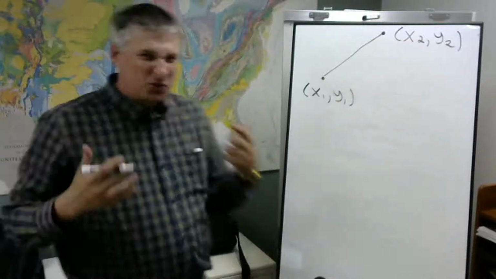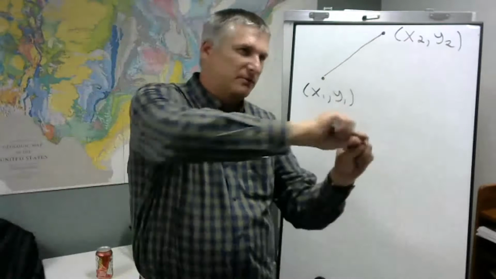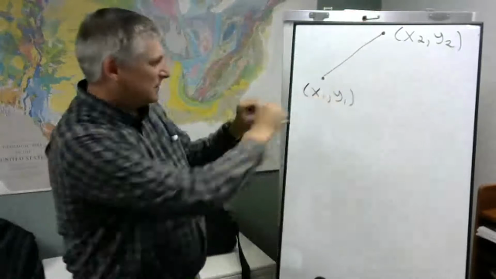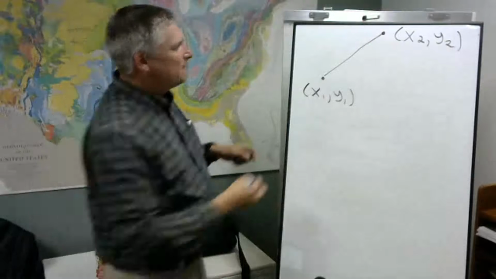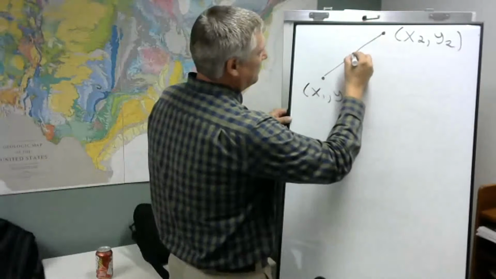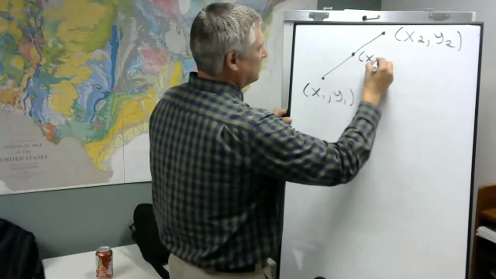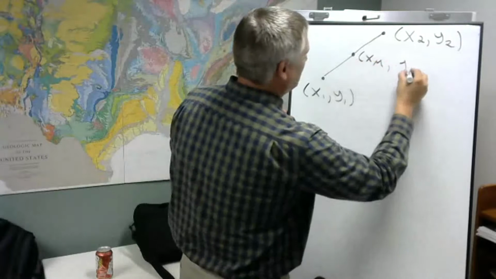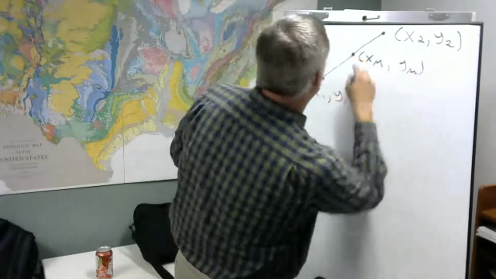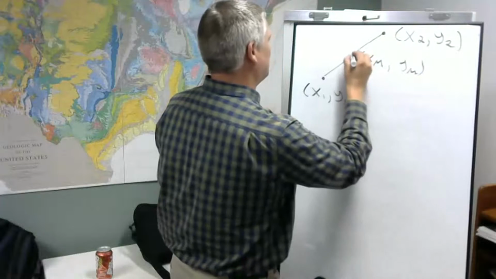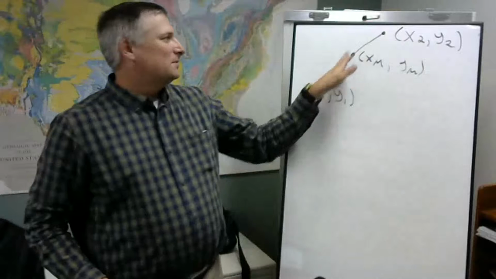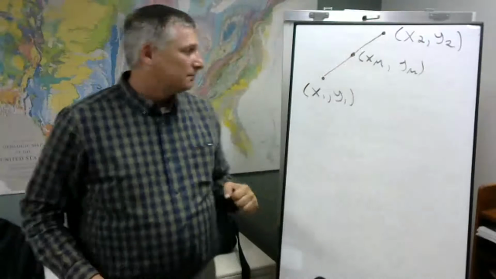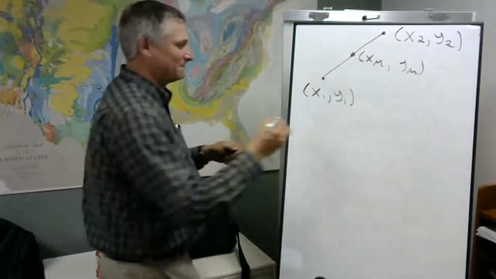A midpoint, now this is the shortest distance between these points. We're not sort of arching out to get there. Not doing anything like that, just directly there. So in the middle, along this distance, there's a point xm, ym. That should be close. And the idea is that this distance is equal to that distance. So let's take a look.